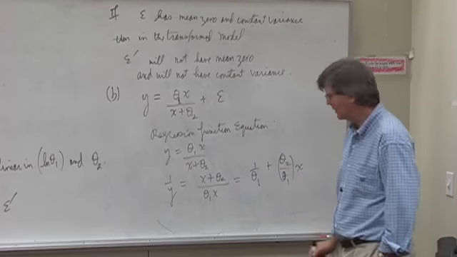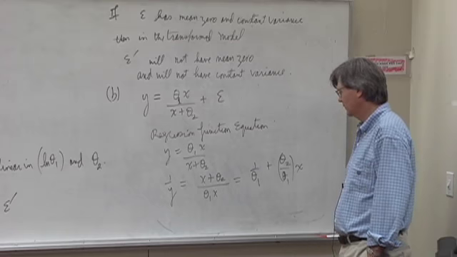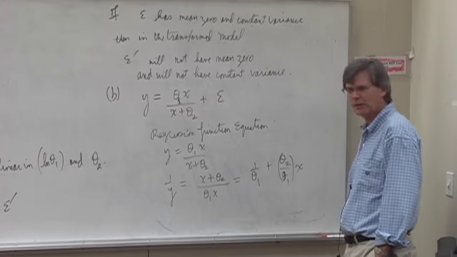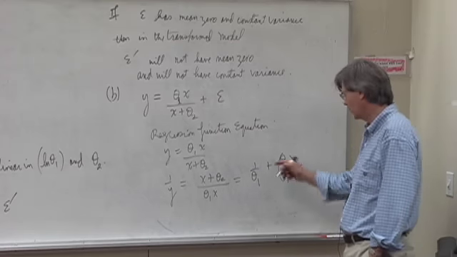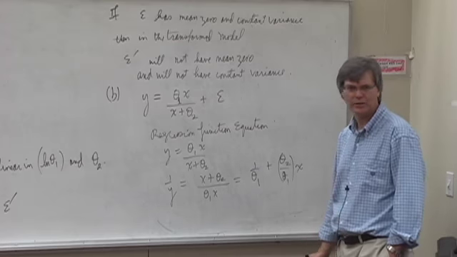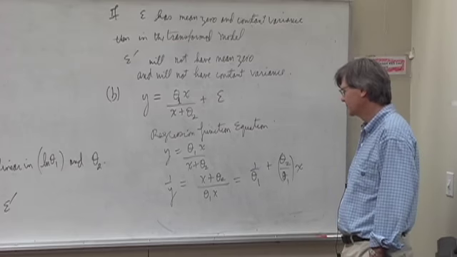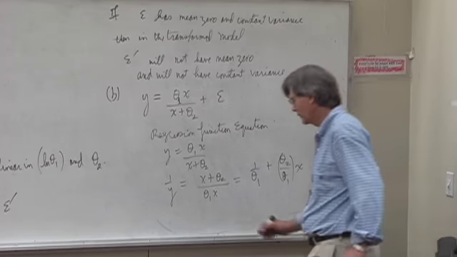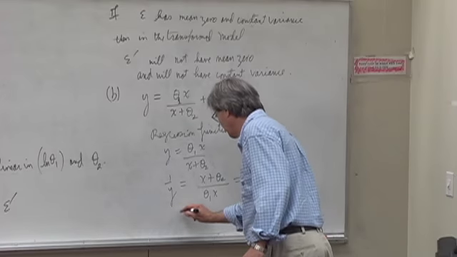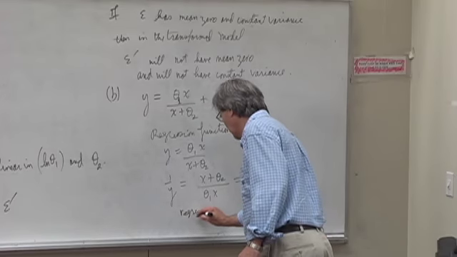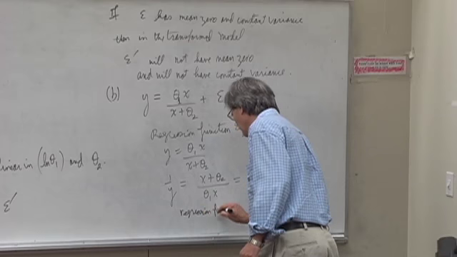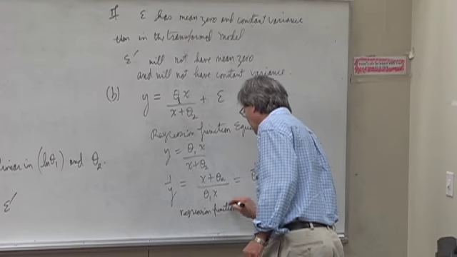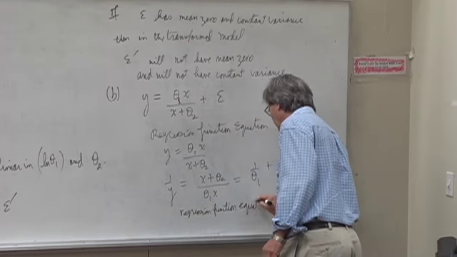So now that is linear in the parameters, with the transformation of the parameters: the new parameters are 1 over theta 1 and theta 2 over theta 1, but that's okay. So this transforms the regression function equation, not the model equation, into a linearizable one.